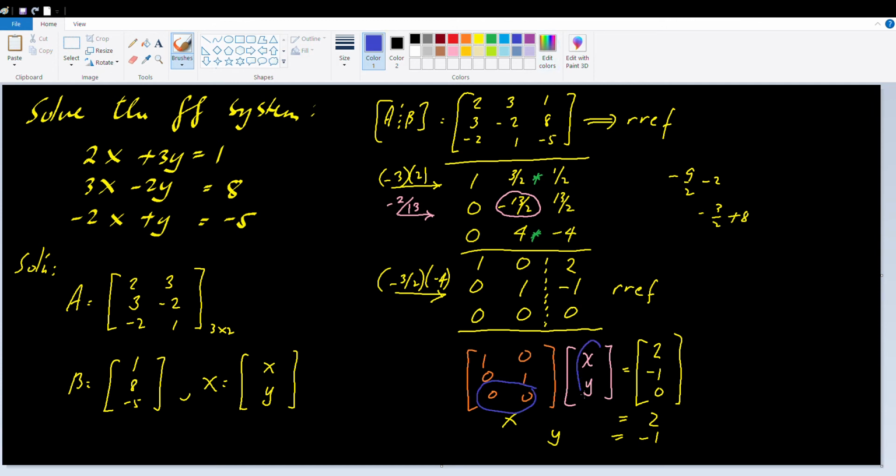Multiplied to xy. 0 times x, 0 times y is of course equal to 0. So 0 equal to 0. So therefore, let me clear this up. Alright. So therefore, our x is equal to 2 and y is equal to -1. Alright.